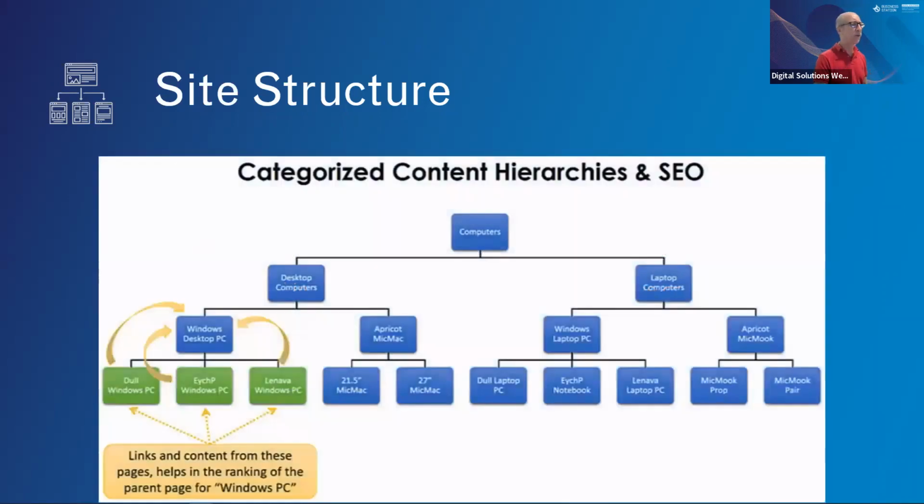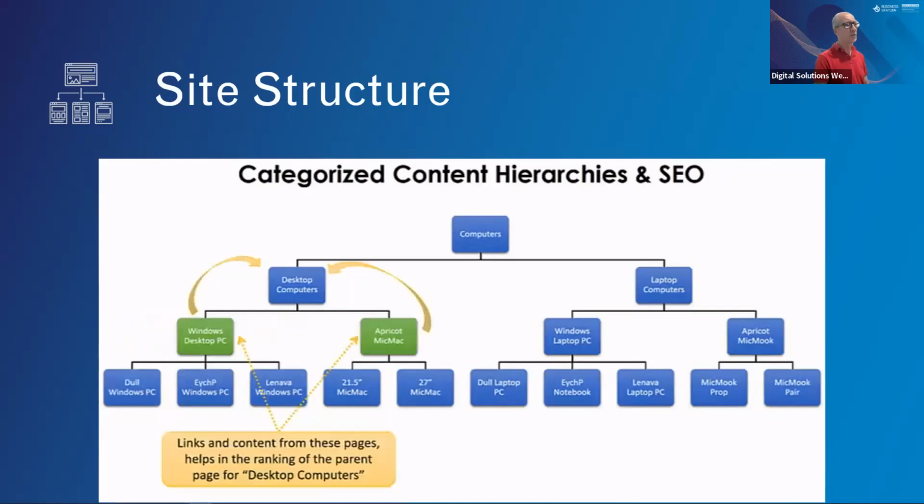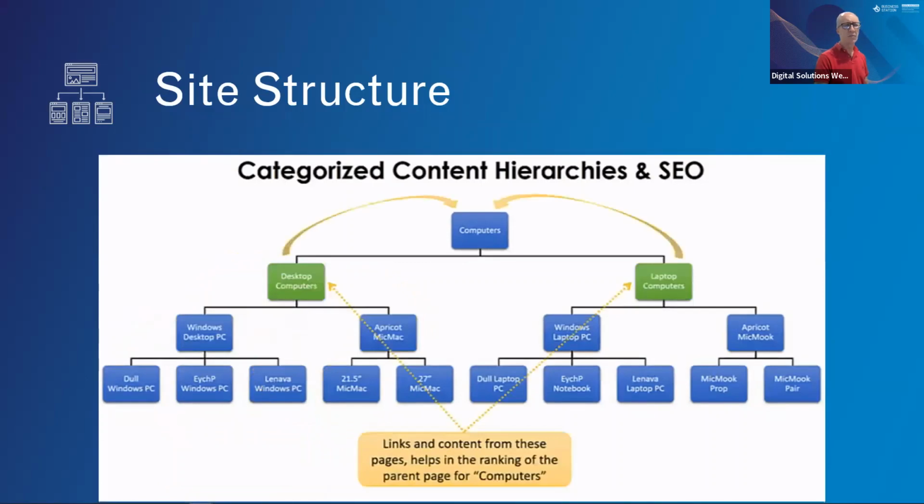So for example, what I mean by that is, just using this as an example of a typical PC retail website. They've got two different types of computers, desktops and laptops, and then underneath those, they've got Windows, and in this case, Apricot computers. So each of those levels of hierarchy will add authority to the page above and all the way up to the home page.